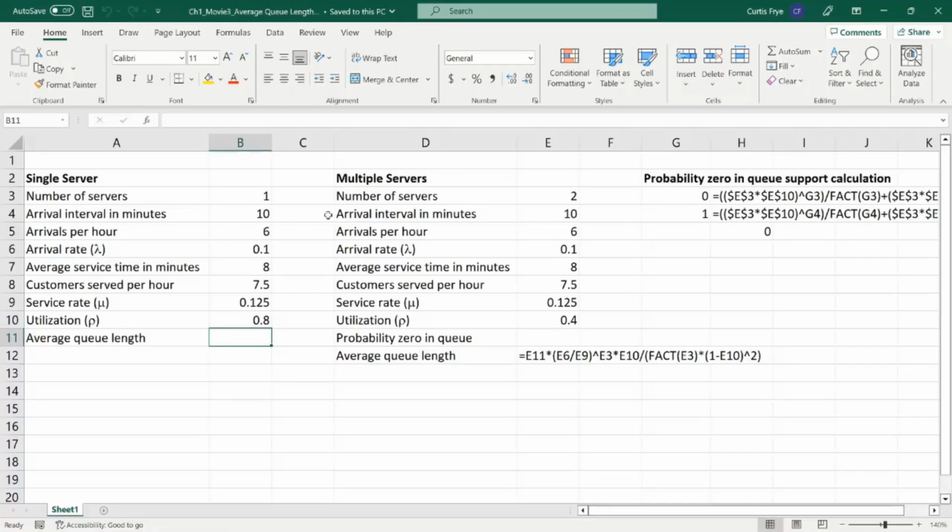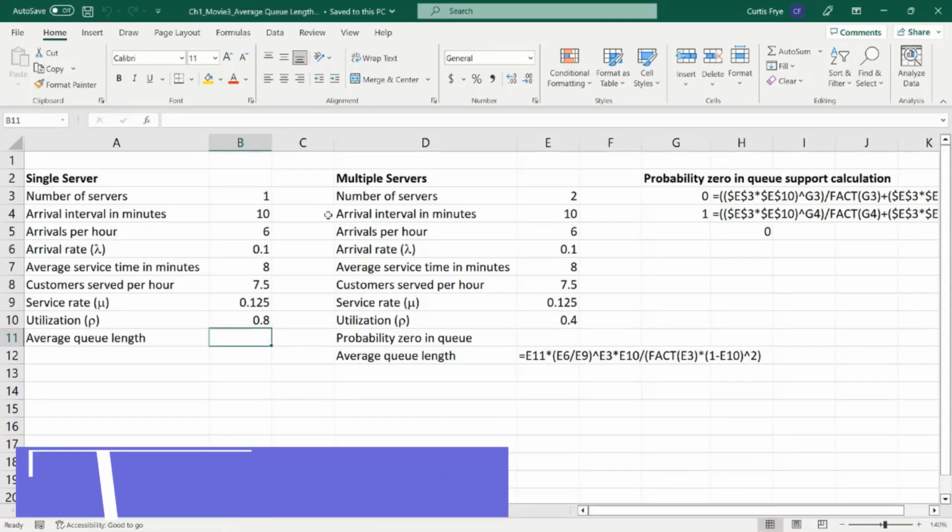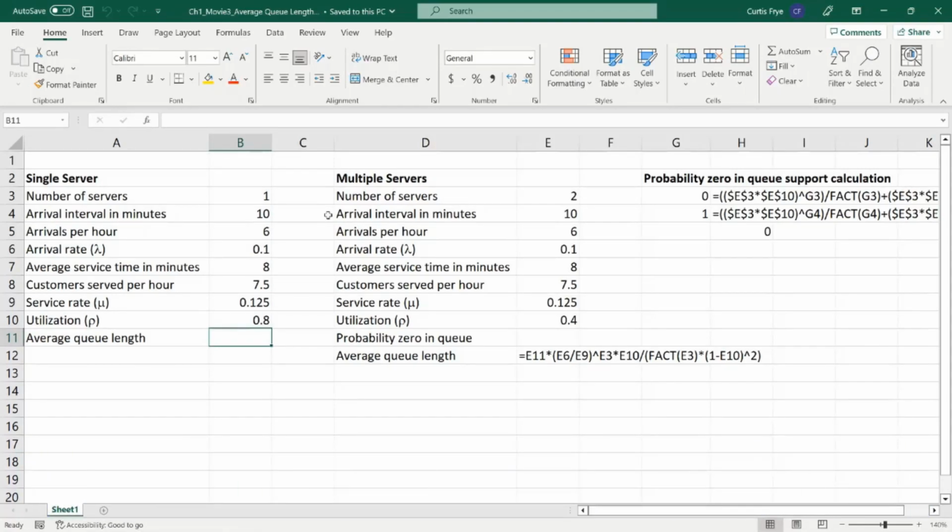Here in Excel, I'm using the sample file Chapter 1, Movie 3, Average Queue Length. Over on the left, I have the case for a single server, and we'll look at multiple servers in a second. For the single server, the formula is fairly straightforward. We just square the utilization and divide it by 1 minus the utilization.